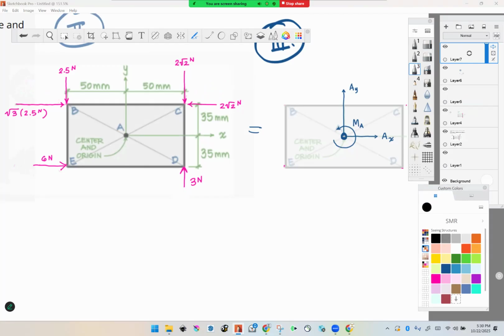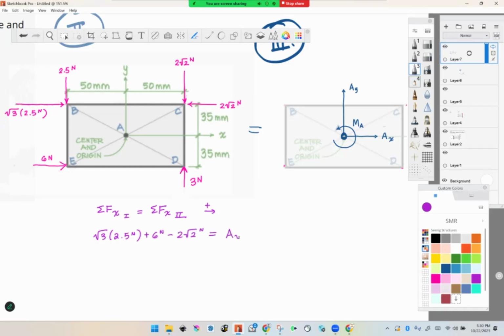Okay, so I'll switch over to how about purple ink? And we'll do our summation of the forces in the x direction in system 1 needs to match the summation of forces in the x direction of system 2. In the x direction, I have this, this, and this. Okay, and so I need to define a sign convention. I'll use rightward positive, so root 3 times 2.5 newtons plus 6 newtons minus 2 square root of 2 newtons is equal to my unknown A sub x.